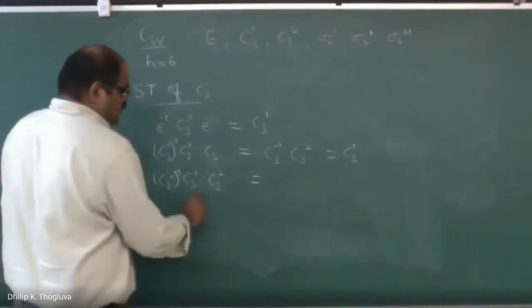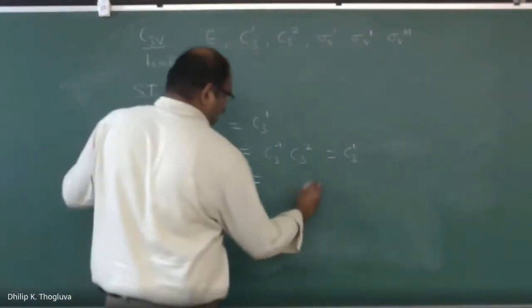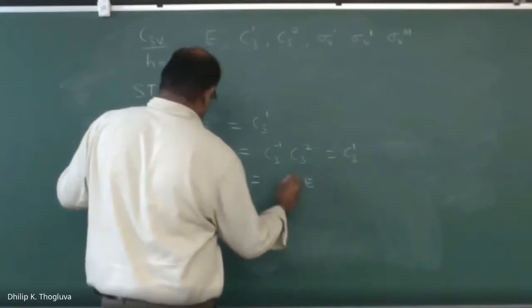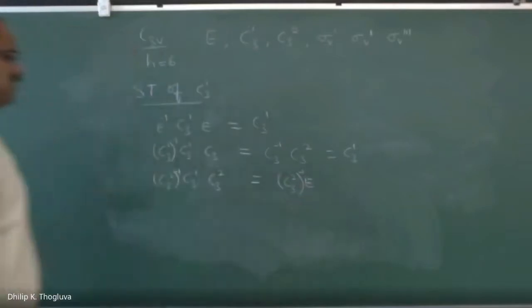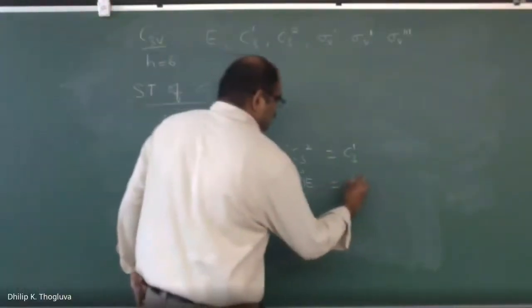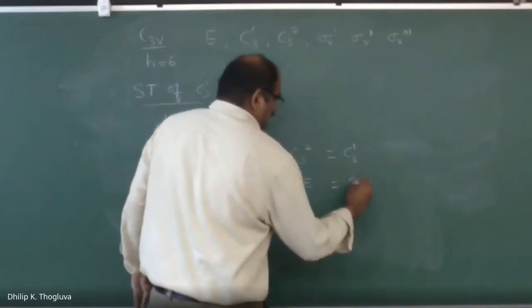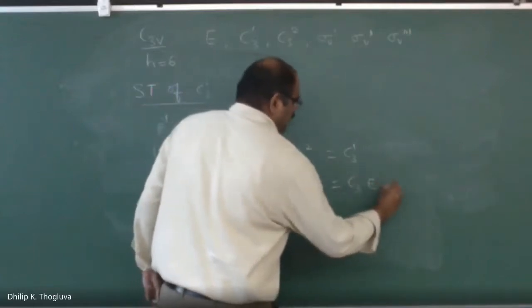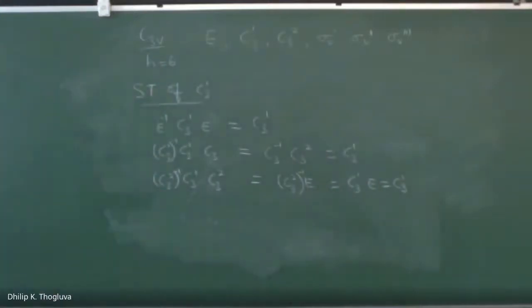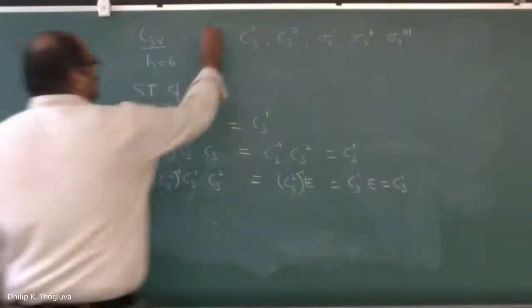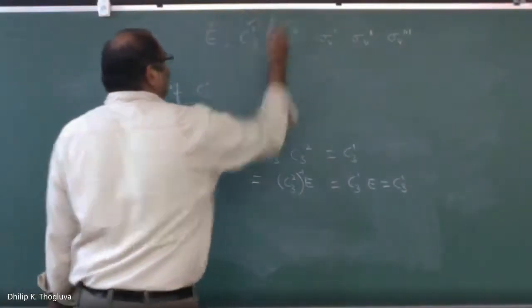This will result in E multiplied by C3² inverse. So C3² inverse is C3, right? So basically it is C3 into E, so again it is C3. So this one let's call C3¹. Now we are done with these three. We have done C3¹, we have done C3².